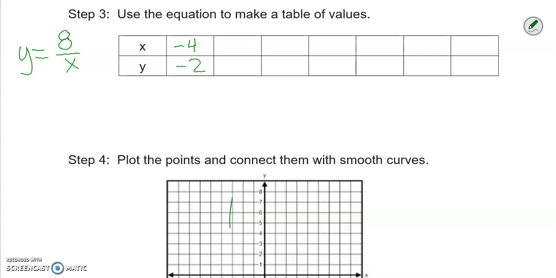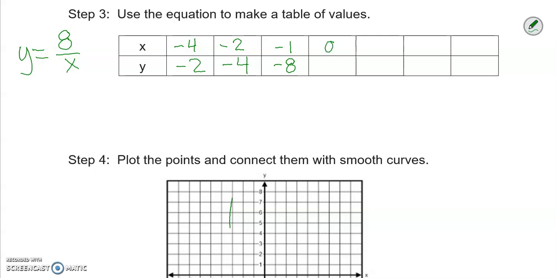Now let's choose the value of -2. 8 divided by -2 gives us -4. Then we'll choose the value of -1. 8 divided by -1 is -8. Then we can choose the other side of the number line.